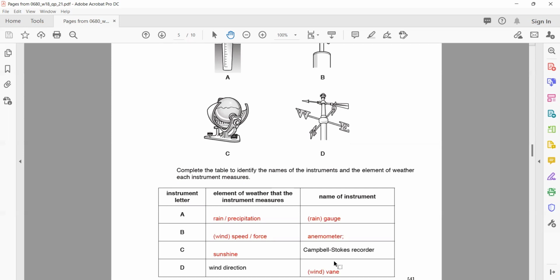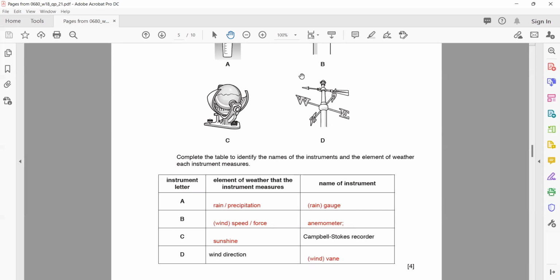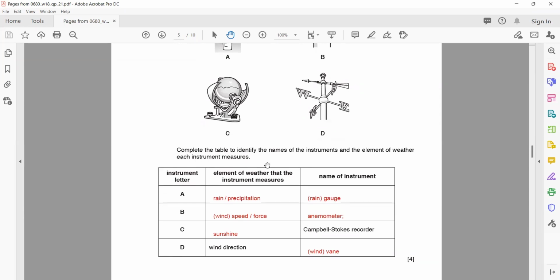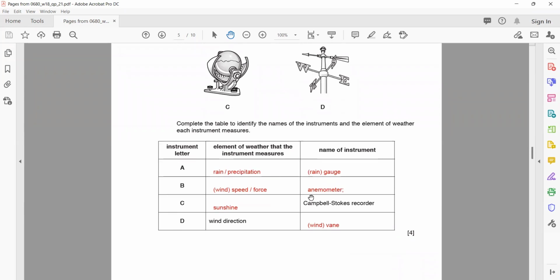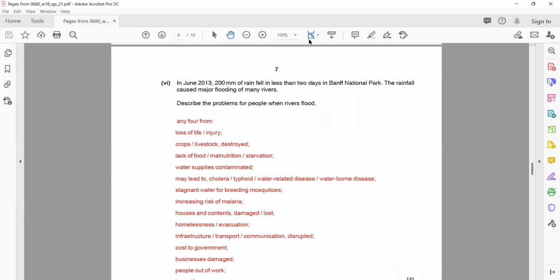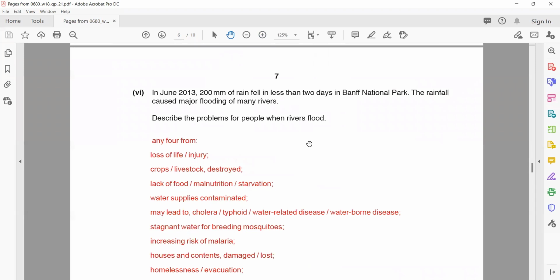And this one shows the wind direction. So you should remember the names of the instruments and why they are used. After that, they're saying in June 2003, 200 millimeters of rainfall. Rain fell in less than 2 days.